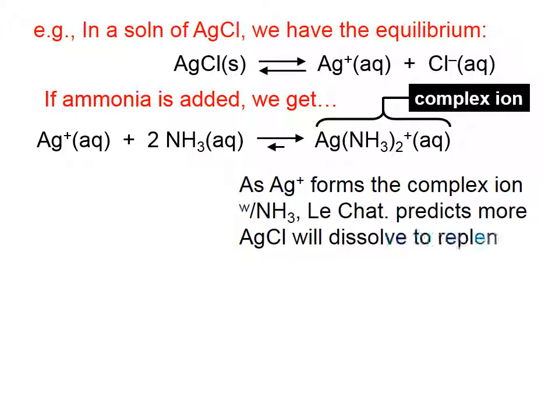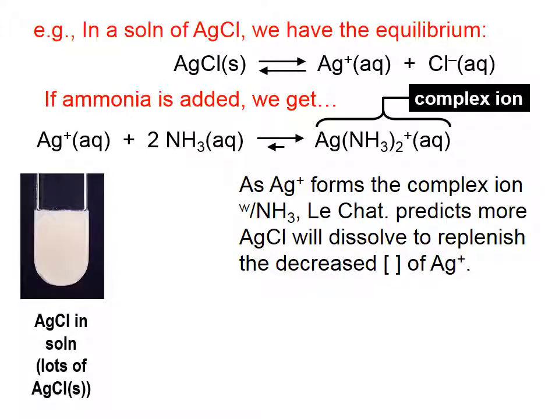And the answer is, it decreases. And that's what this sentence says on the right side of the screen. As the silver ion forms the complex ion with ammonia, Le Chatelier predicts more silver chloride will dissolve to replenish the decreased concentration of silver ion.